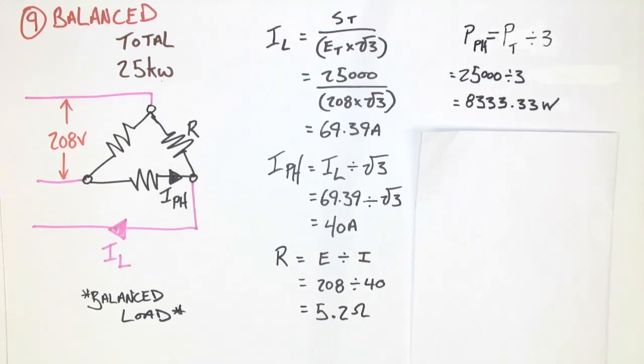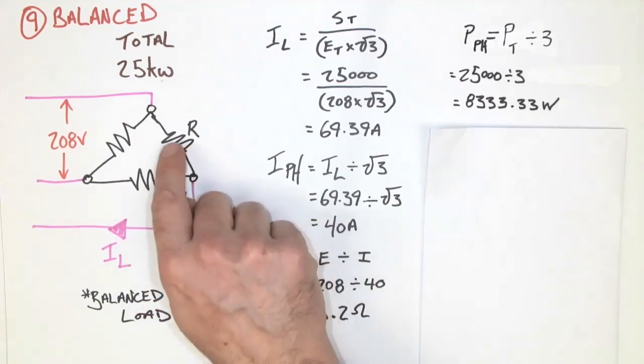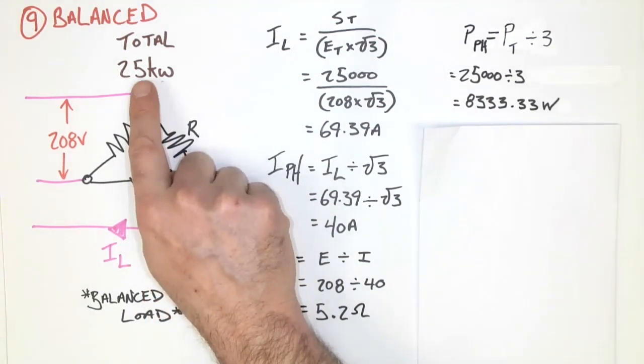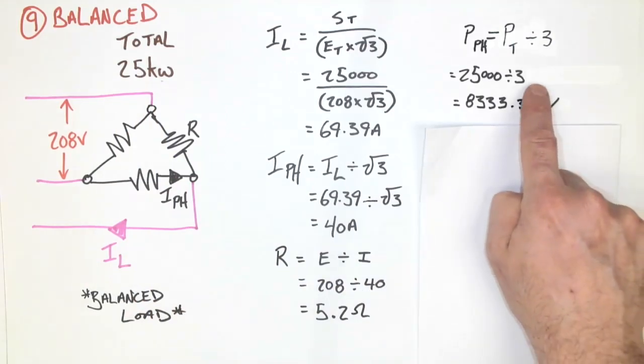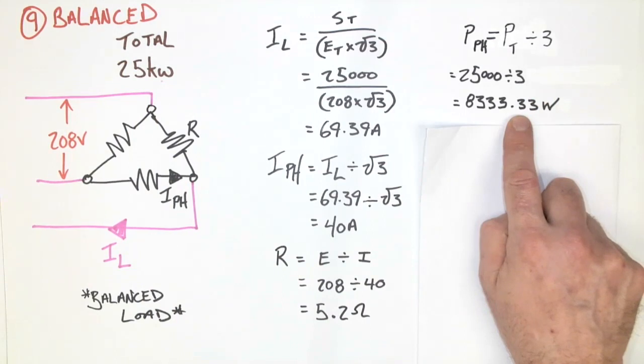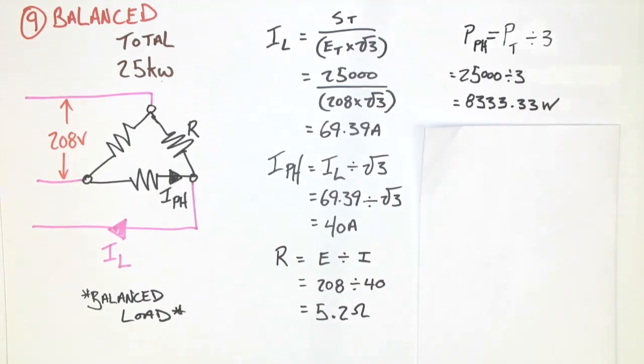Finally, how much power is each one of those individual three resistive loads actually consuming? Well, we can take our 25,000 and divide it by 3. That tells me that each one of those resistors is consuming 8,333.33 watts.